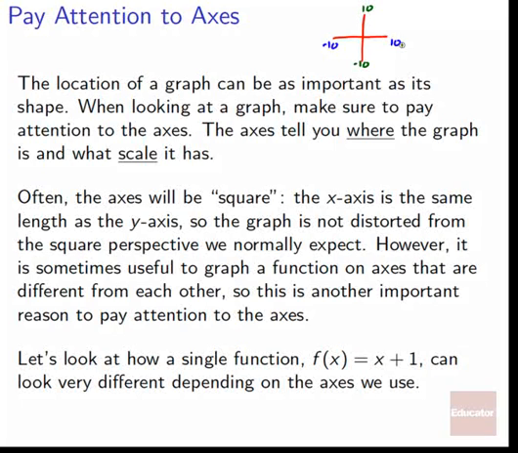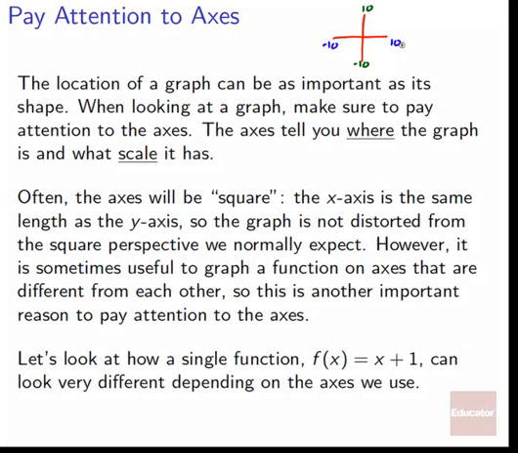However, sometimes it's going to be useful to graph functions on axes that are different from each other, where we're going to want a really big y-axis but a very small x-axis, where the function grows very quickly. So we want to be able to show all of its ability to grow, but since it does it so fast, we need a short x-axis.